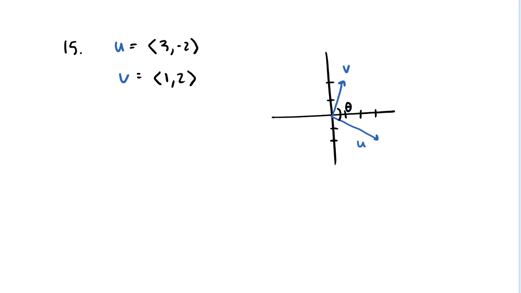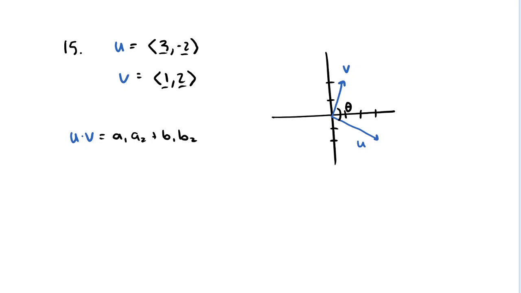And so the angle between two vectors can be found by using the dot product. The dot product has two different definitions. u dot v is equal to a1 times a2 plus b1 times b2, where a1 and a2 are the horizontal components of our vectors, and b1 and b2 are the vertical components.